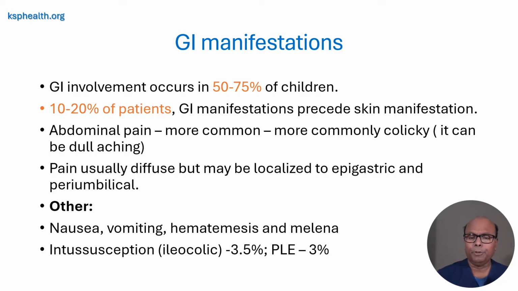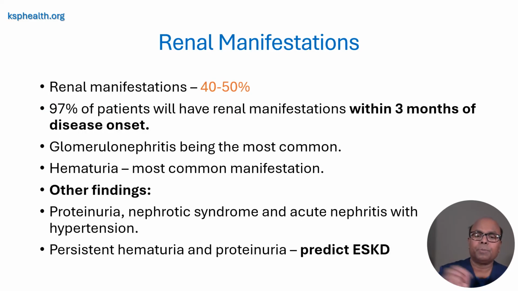Pain is usually diffuse, but may be localized to the epigastric and periumbilical areas. Other manifestations such as nausea, vomiting, hematemesis, and melena can happen. Intussusception is seen in 3.5% of the patients, oftentimes ileocolic in nature. Protein-losing enteropathy is seen in 3% of the patients.